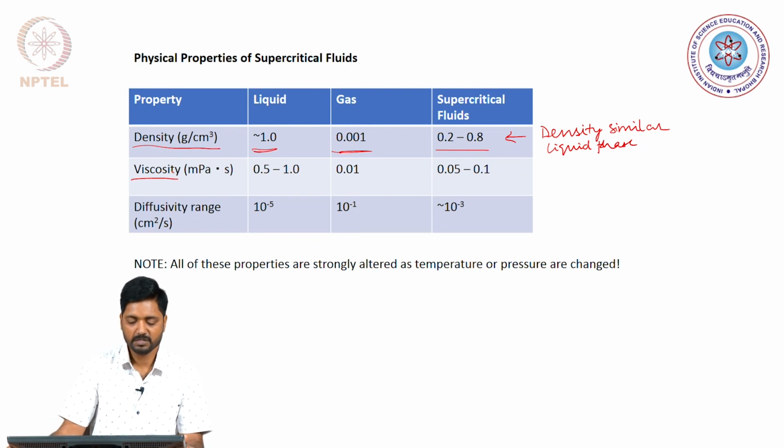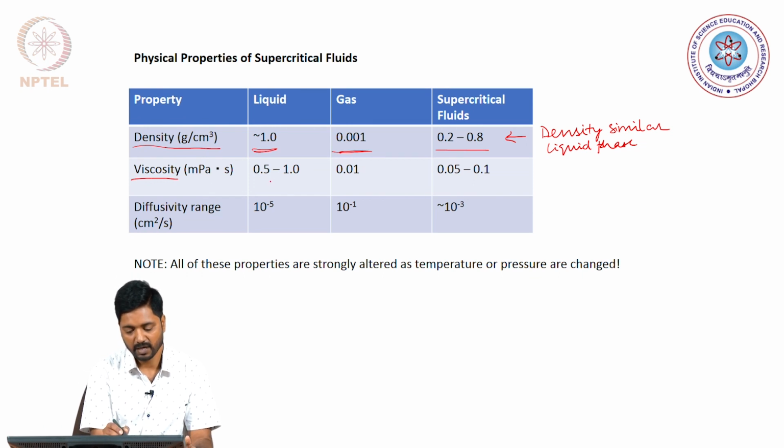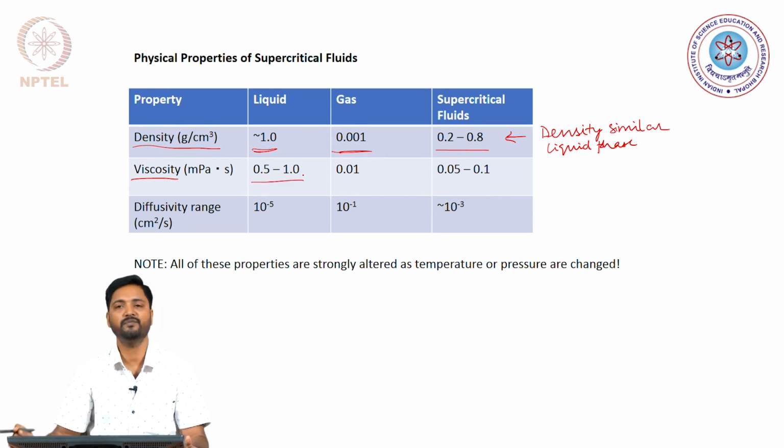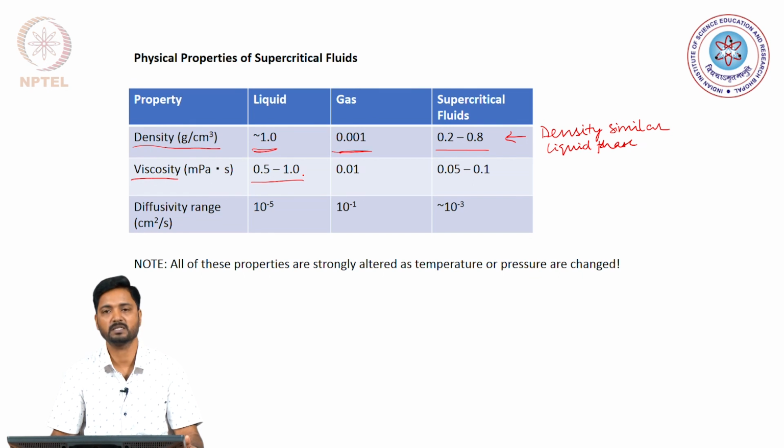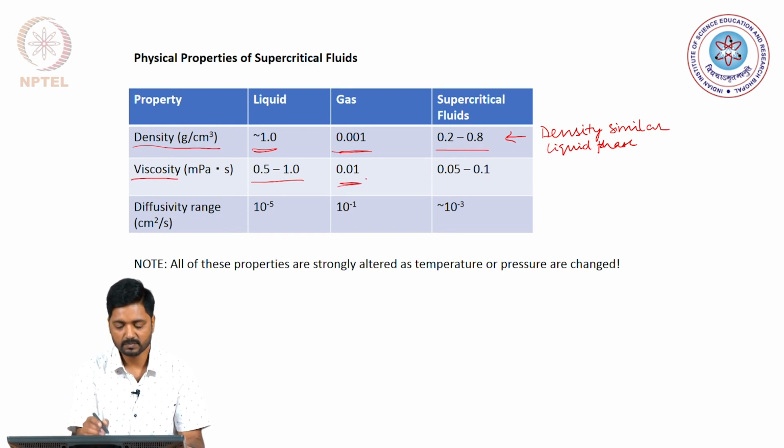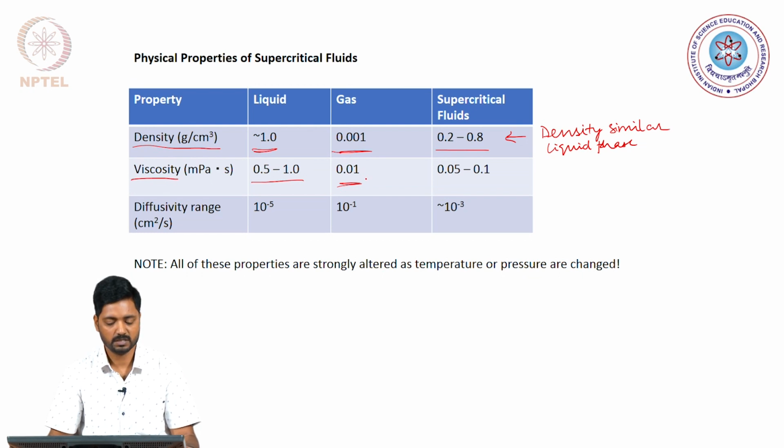So, the liquids that we deal with in our day to day lives have a viscosity of 0.5 to 1 millipascal second, and gases have inherently much lower viscosities, or in other words they can easily travel through the chromatographic columns.